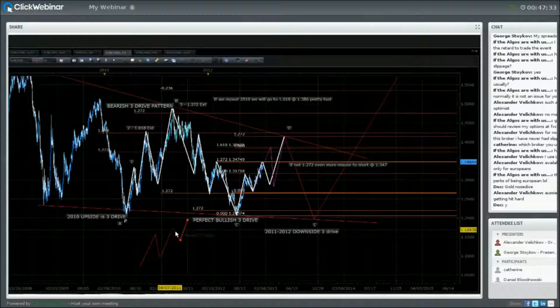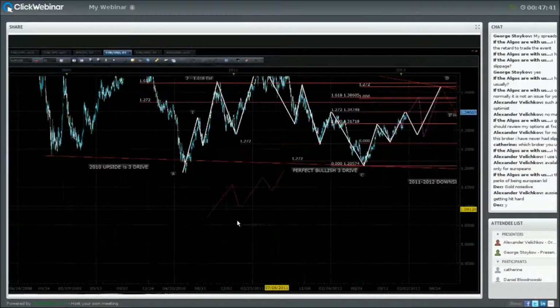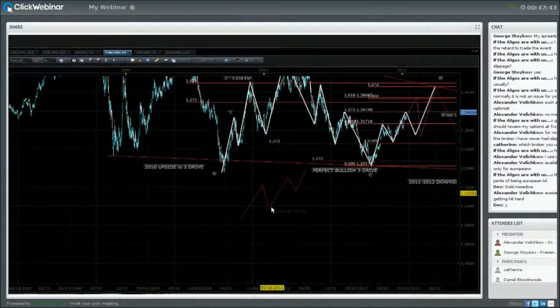The thing that separates them from normal Elliott waves is the symmetry. They are required to be symmetric. When I say symmetric, I mean that this rally has to be symmetric in time with this rally. So if this rally was 2 months, you would expect this rally to end in 2 months.